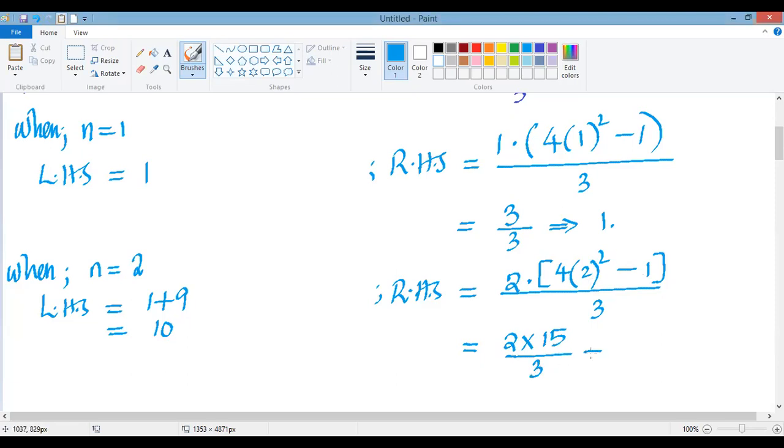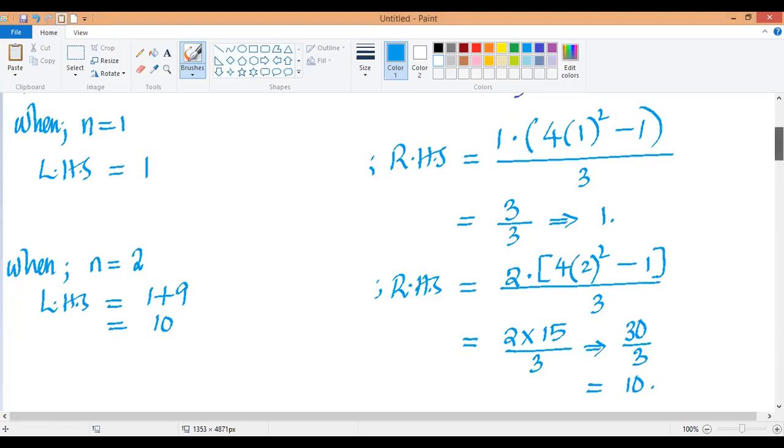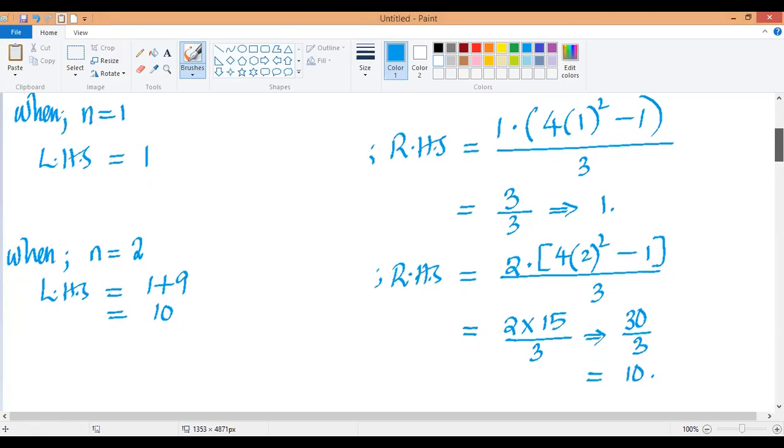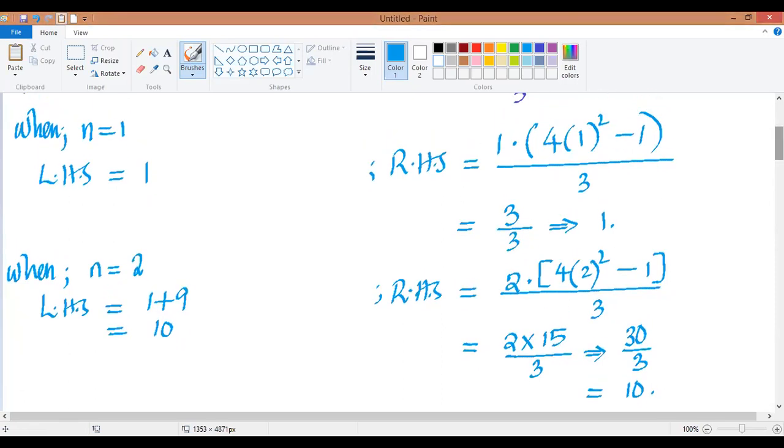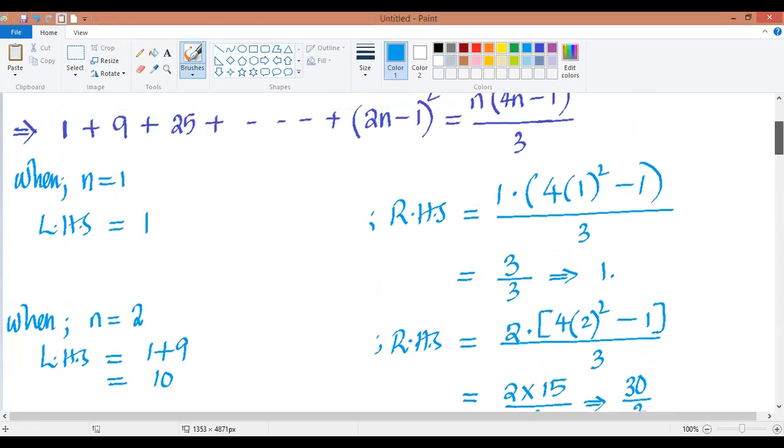So I see up there a 30 over 3, which gives me a 10 as well. So we normally put a statement aside, proof holds, but it's still clear that the two sides balance. Even if someone doesn't mention it, you will still be safe.